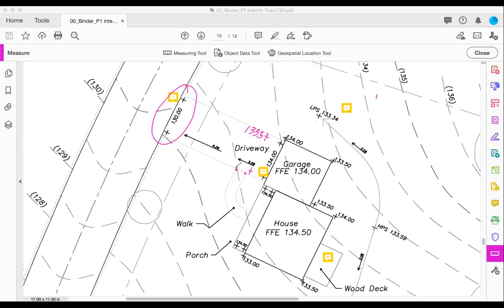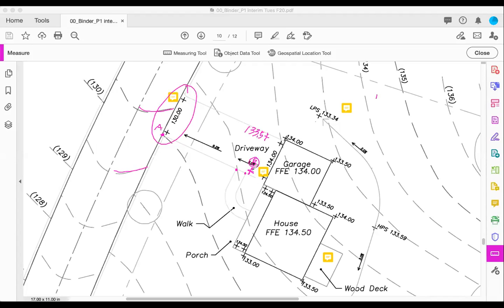How we calculate this one is you figure out that spot based on that and that, okay? And then calculate the difference between A and B here of 133.5.